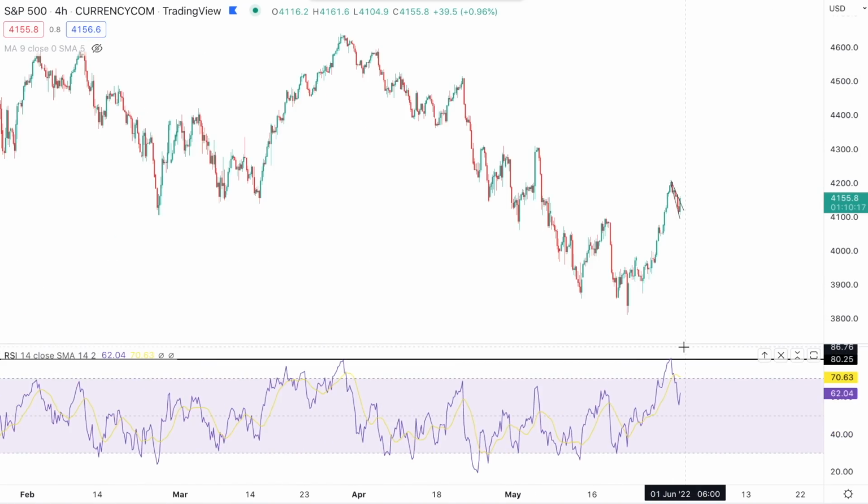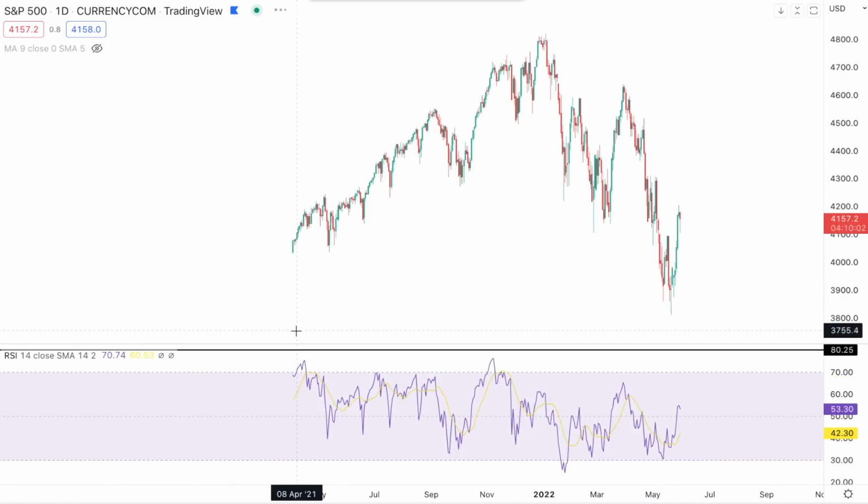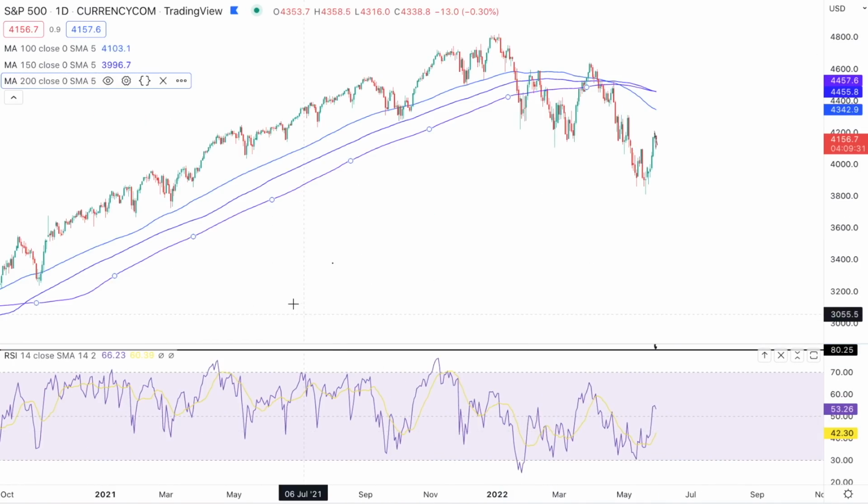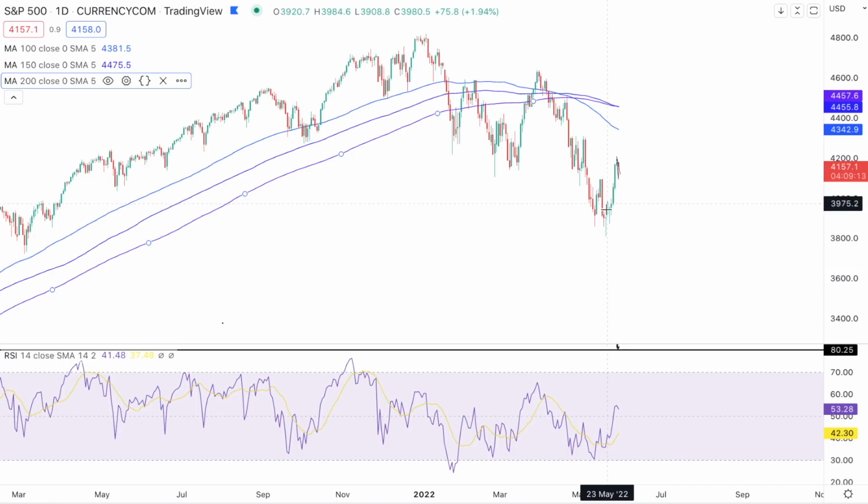I don't think that's particularly statistically significant, but I do have to keep myself from getting too excited, because if we take a look at three of the key moving averages that exist on the SP 500, that's the 100, the 150, the 200-day moving average, we're still well below that. Yes, we covered a lot of ground very quickly, but that's because we were very oversold.